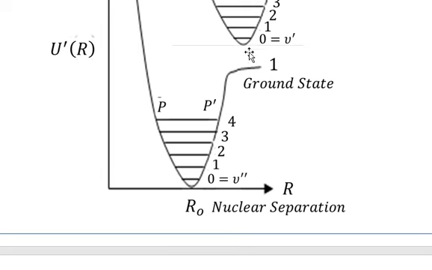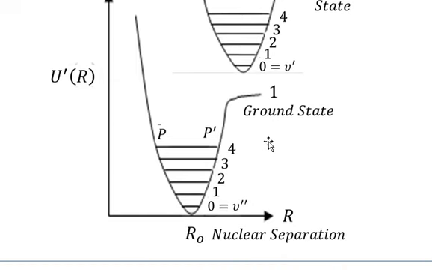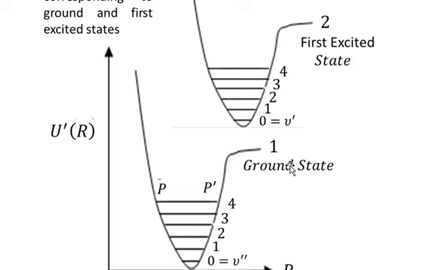You can notice that the vibrational parabolic curve is shifted to larger value of distance R, because the separation between the atoms is not then equal to R0, but equal to some value greater than R0 when the molecule is excited.